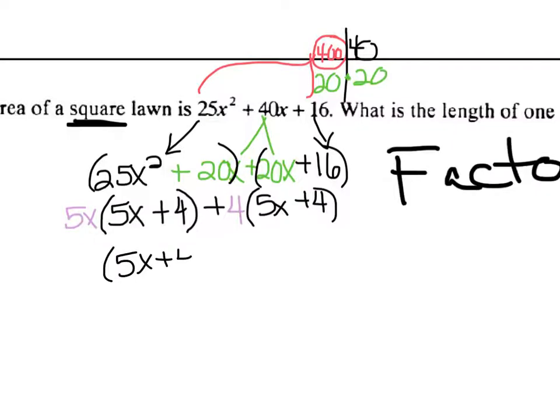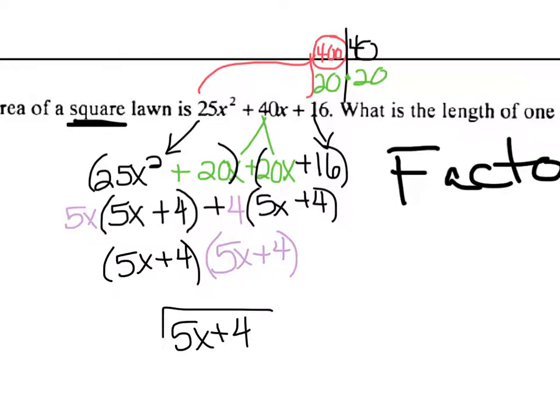And then the second parenthesis is made up of what's left, which is the 5x plus 4. That's in purple. And it's asking us what's the length of one side. Well, both sides are 5x plus 4 and 5x plus 4. So one of the sides is simply 5x plus 4.